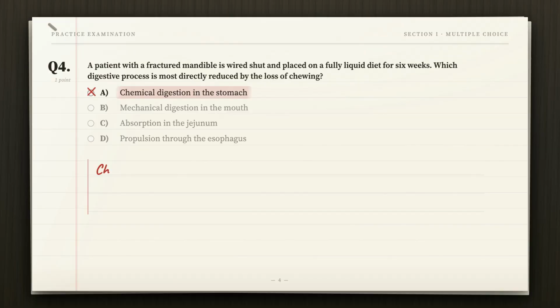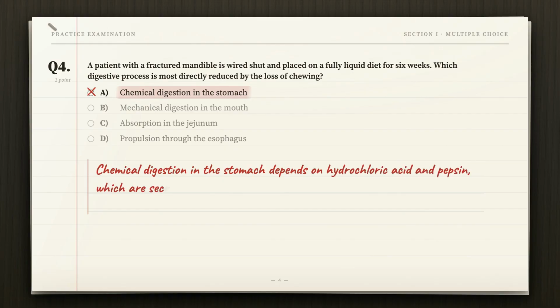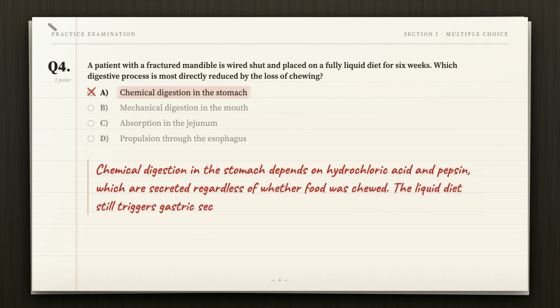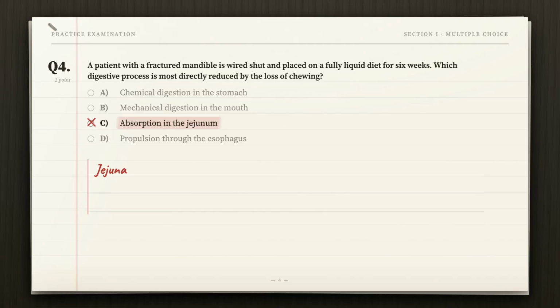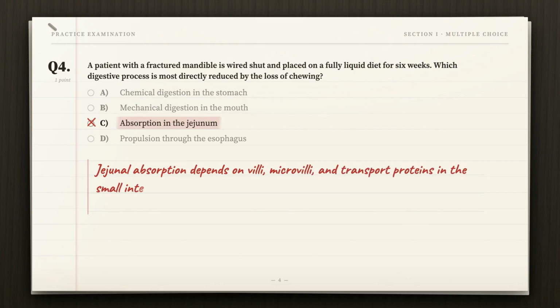A is wrong because chemical digestion in the stomach depends on hydrochloric acid and pepsin, which are secreted regardless of whether food was chewed. The liquid diet still triggers gastric secretion. C is wrong because jejunal absorption depends on villi, microvilli, and transport proteins in the small intestine.